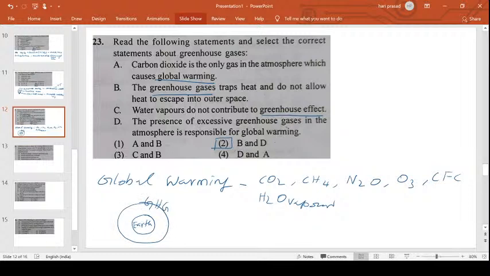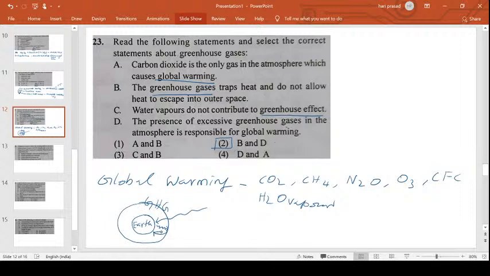Sunlight is falling like this, and then it is reflected. The reflected light falls over here and is trapped back. Greenhouse gases do not allow this sunlight to go back. It is trapped here and makes multiple collisions, so it is getting heated up.